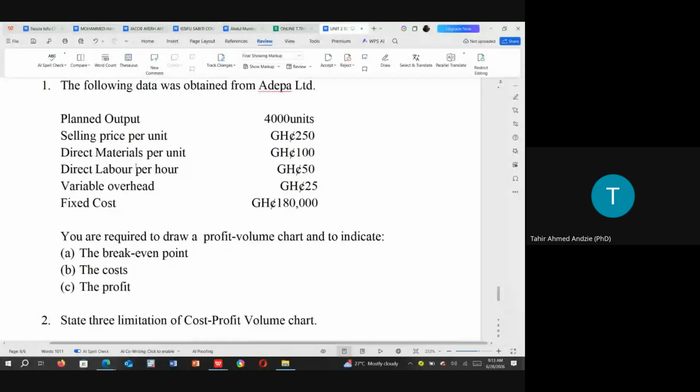Don't just go and pick the variable production overheads to say that is the only variable cost. There was a time I gave this question to some students and they just picked that one as the variable cost. I don't know why. Meanwhile, I've told them what I've told you. All right. Any question for me? Let's end here.